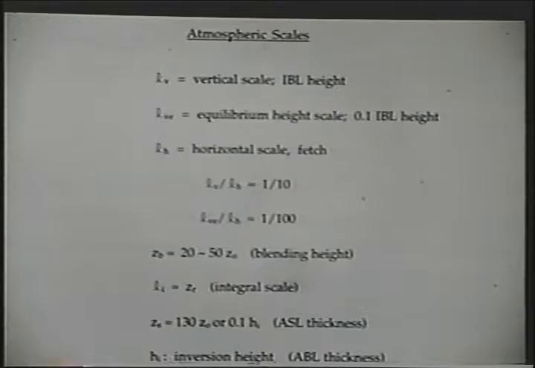Then I talked about the height of the surface layer, which is on the order of 100 to 150 to 200 times the roughness length, or whichever is larger, 1/10 of the boundary layer. And then finally, we have the thickness of the overall planetary boundary layer.